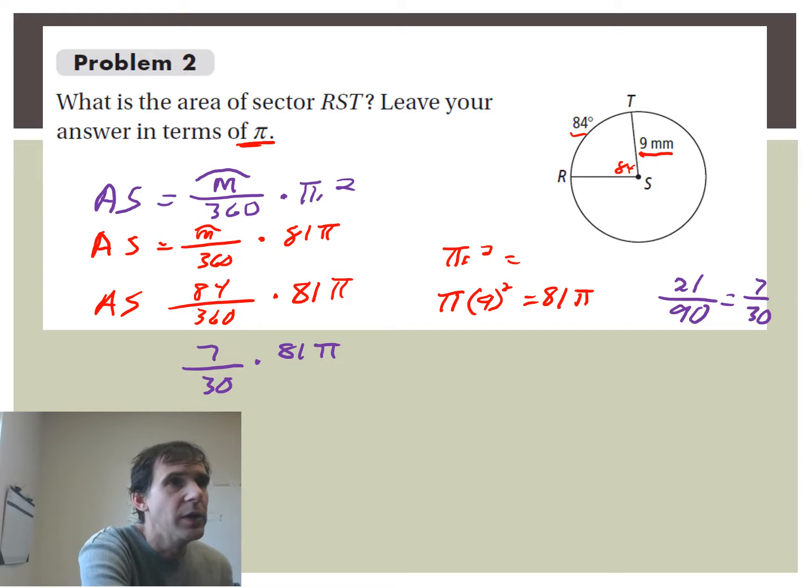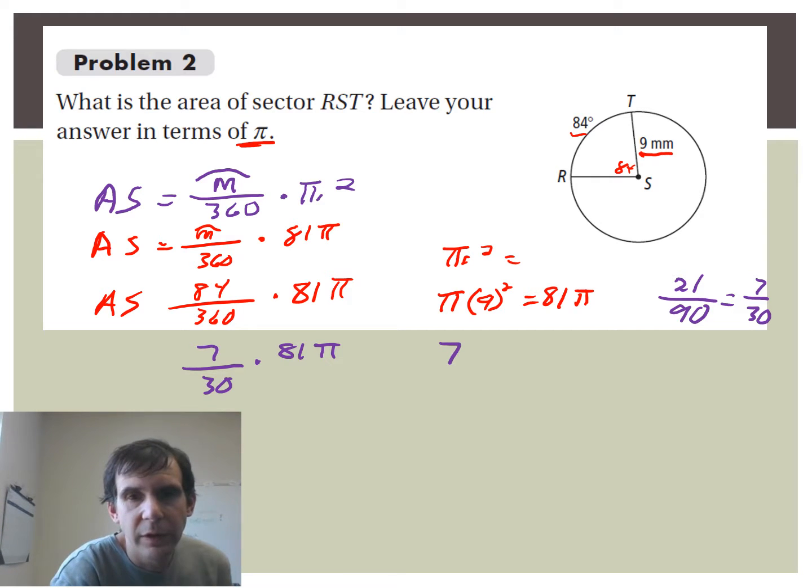So let's see, 81 divided by 3. If I can use the calculator properly, we get 27.